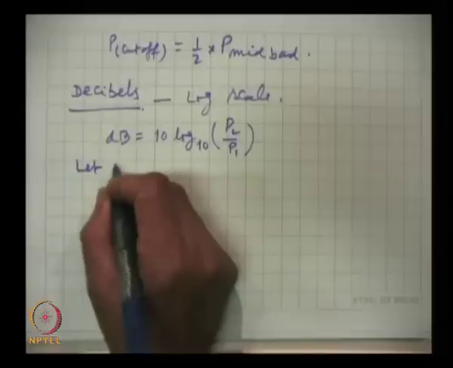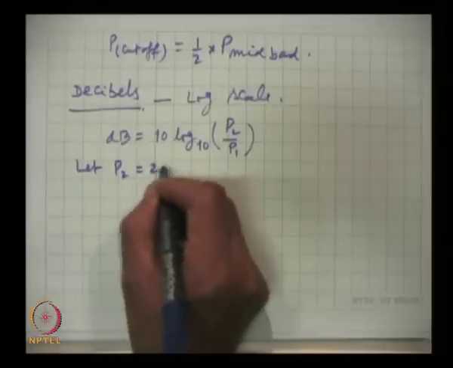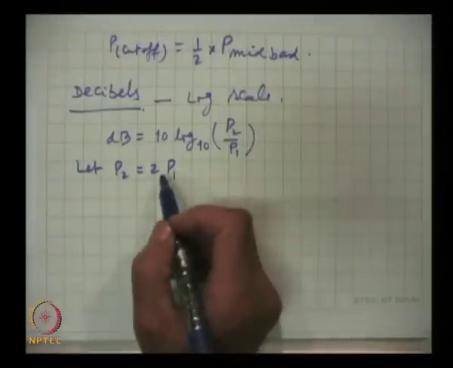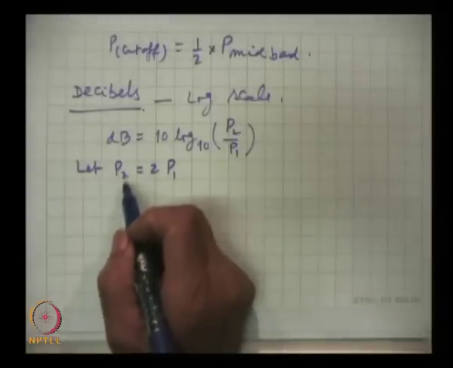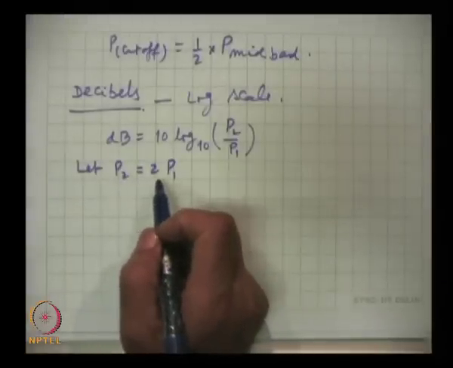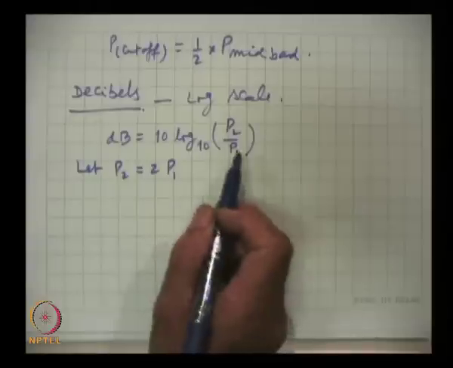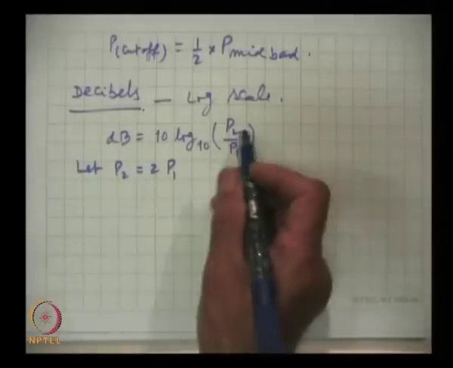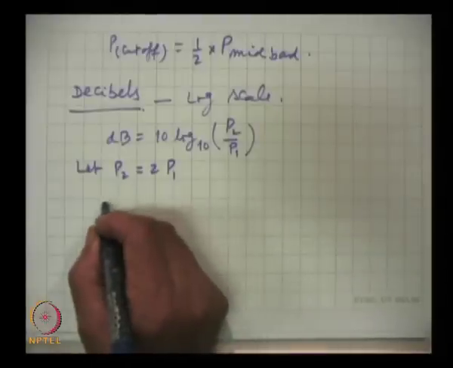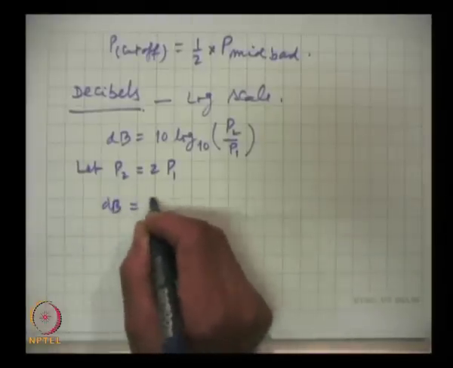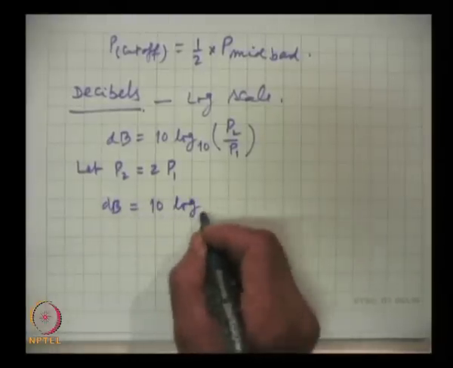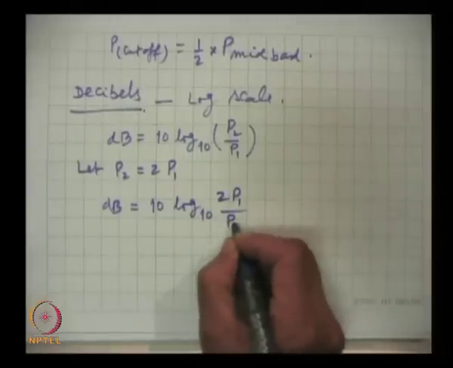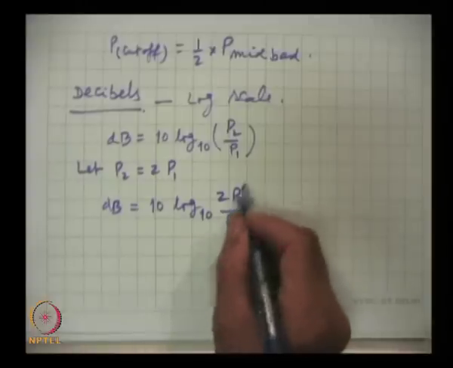let P2 be equal to 2 P1, meaning that the output power is double the input power. So, this ratio P2 by P1, we substitute P2 here. So, simply we will get dB equal to 10 log base 10 of 2 P1 by P1, and they are cancelled.